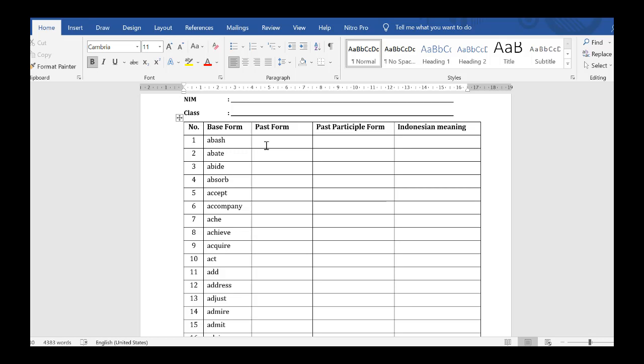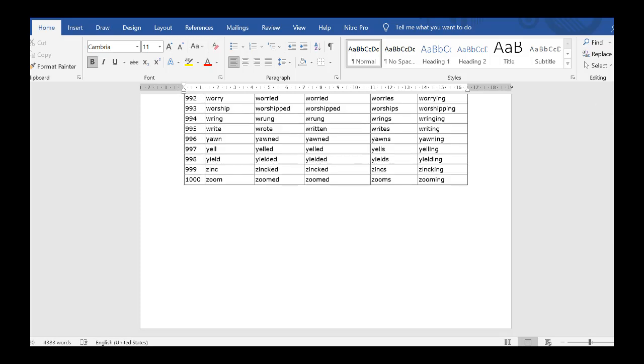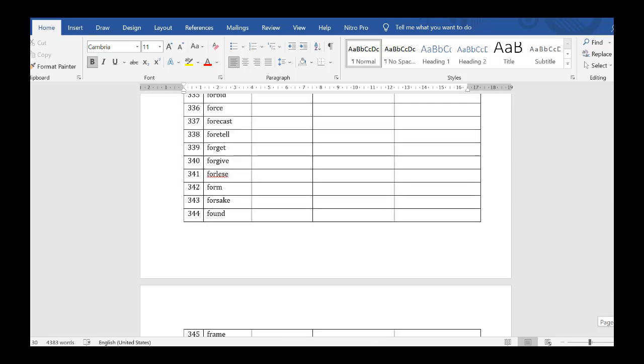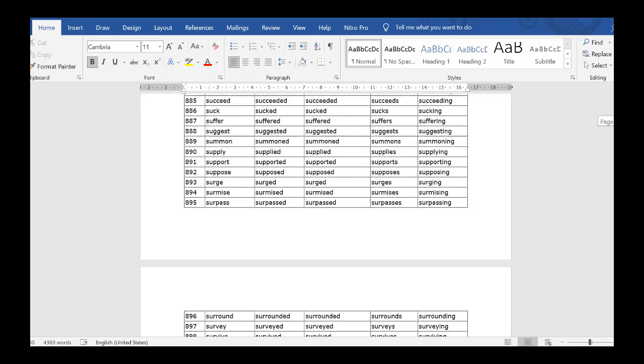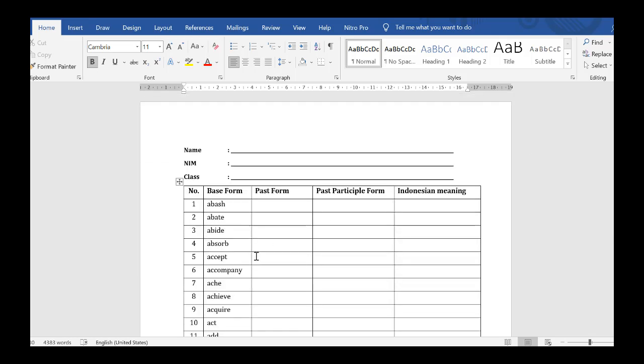Look for the past form, past participle form, and Indonesian meaning. Okay, there are so many. There are about 30 pages. This is 1,000 words that you have to finish. Okay, like this. But you have to do it in handwriting.